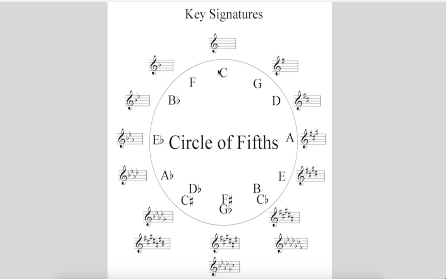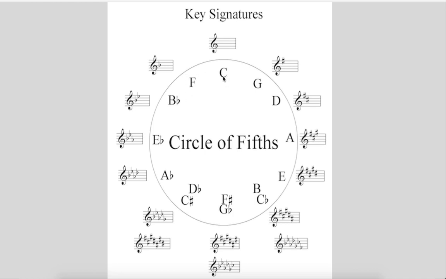Remember in the previous class when we talked about inversions, right? So what's the inversion, or in other words, what's the opposite of a fifth? It's a fourth, right? A perfect fifth, if inverted, is a perfect fourth, which means we might call this the circle of fourths if we start here and go to the left.